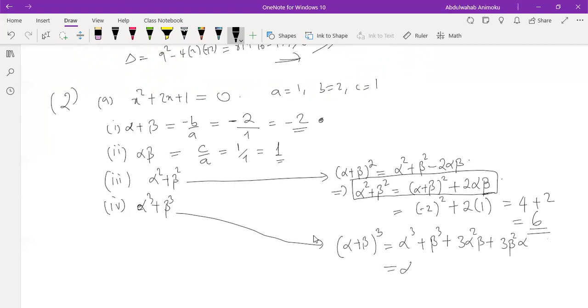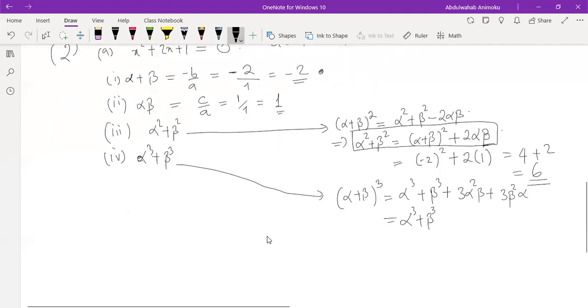And when we factorize these terms, we end up having 3 alpha beta is common to the last 2 terms. What will be left will be alpha plus beta. So this is the factorization of this. After expanding this, right, we can factorize the last 2 terms into this.